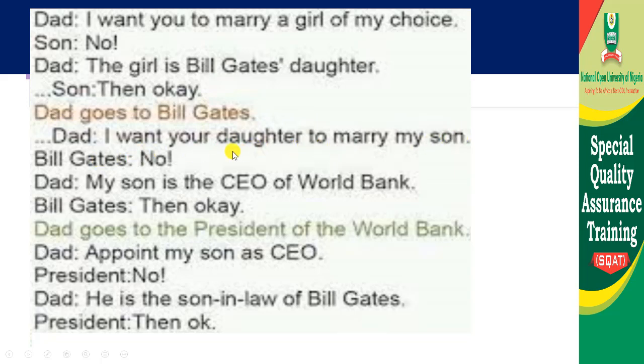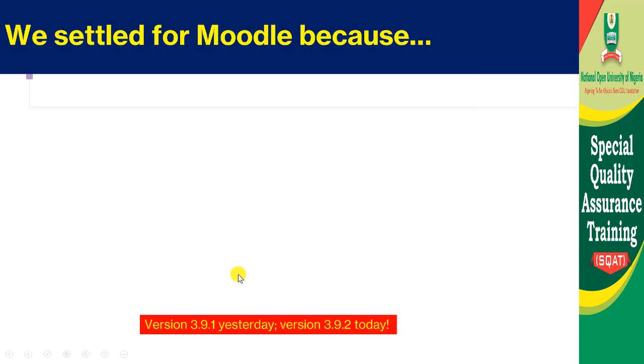Bill Gates said, I like that. The dad said, but my son is the CEO of the World Bank. Bill Gates said, then okay, fine. Then this man goes to the president of the World Bank and says, appoint my son as CEO. The president said, no, how can I appoint your son? Then the father said, he is the son-in-law of Bill Gates. Then that one is okay.